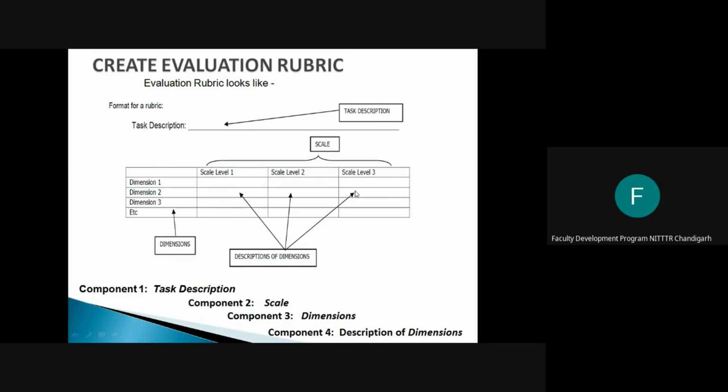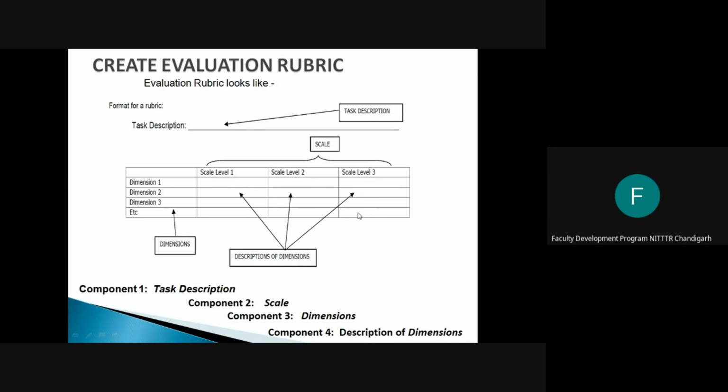And here, my friends, in this area of the matrix, you are writing the detail: I will give excellent in the area of speaking if the student is able to do this thing. I will give very good grade in the area of speaking if the student is able to do this thing. I will give good in the area of listening if the student is able to do this thing.